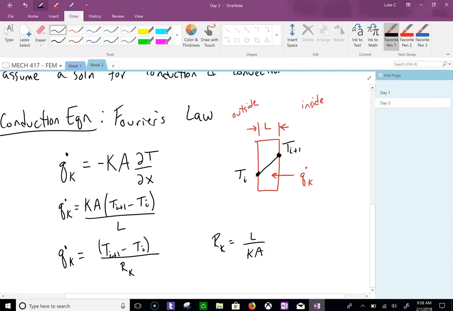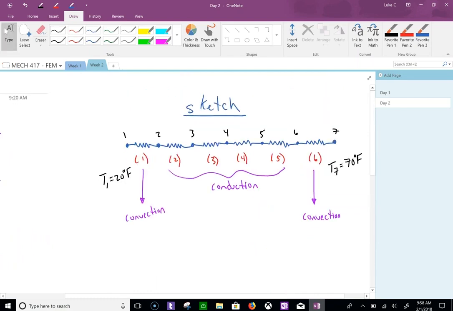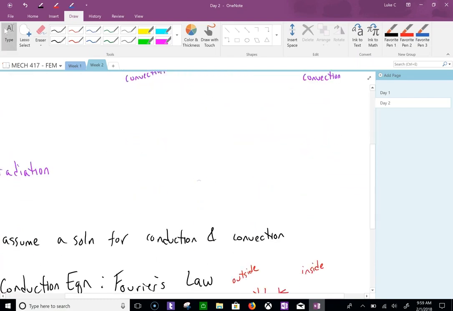What is R? R, that's the resistance. We substituted L over KA as R of K. Were we given that little fundamental equation that R K is equal to L over KA? That's something you should have picked up in heat transfer. Did you? Yeah. So that resistance is corresponding to that resistance.